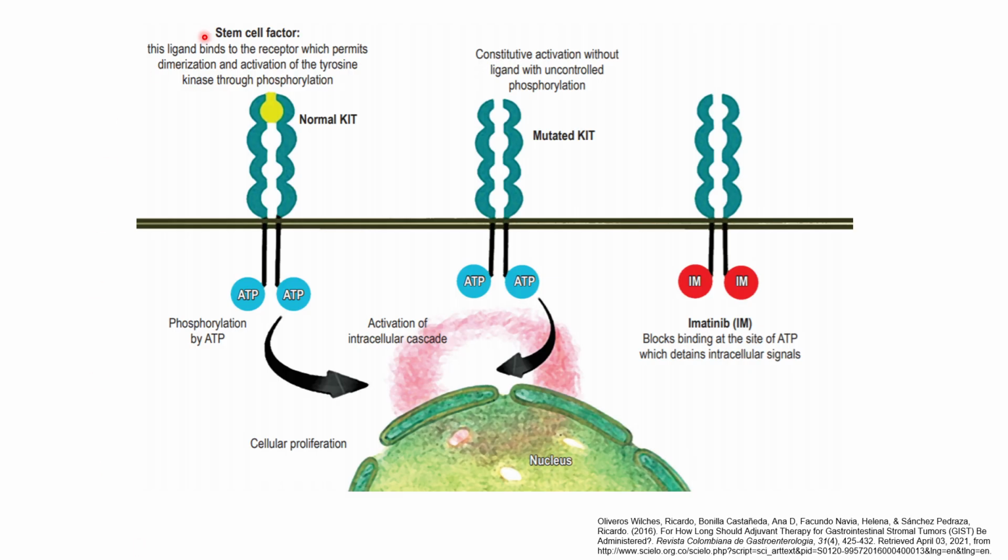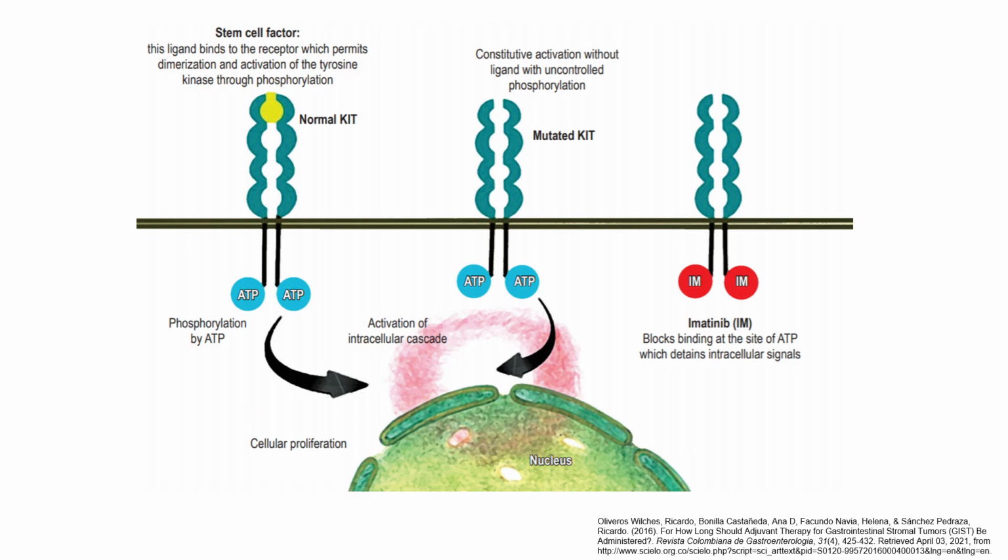Normally, the binding of KIT ligand to the receptor tyrosine kinase KIT leads to phosphorylation of signal transduction proteins that promote cell proliferation and inhibit apoptosis.